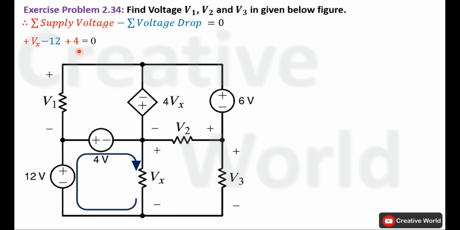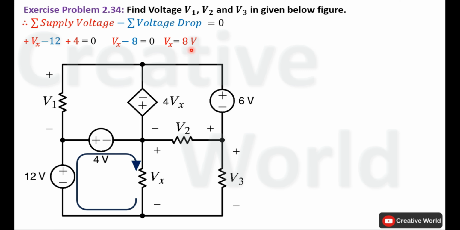Inside this equation we only have one variable, that is Vx, so we can calculate its value. By subtracting 4 from 12, it will become minus 8 volt because the higher value has the minus sign along with it. Now place this minus 8 volt on the other side of equal to calculate the value of Vx, that will become 8 volt.